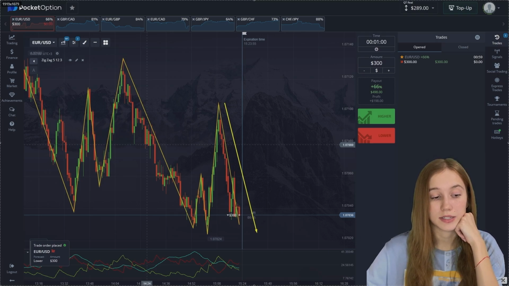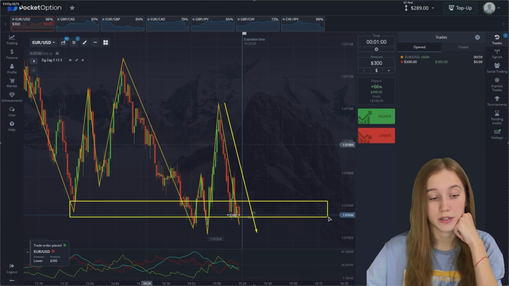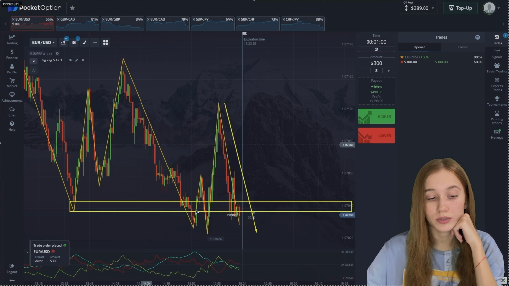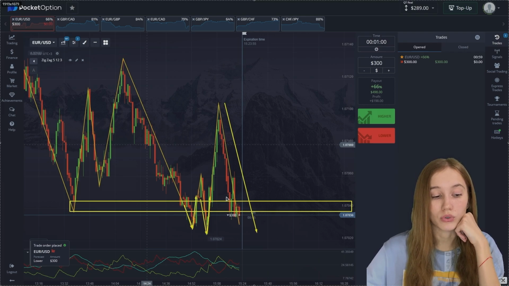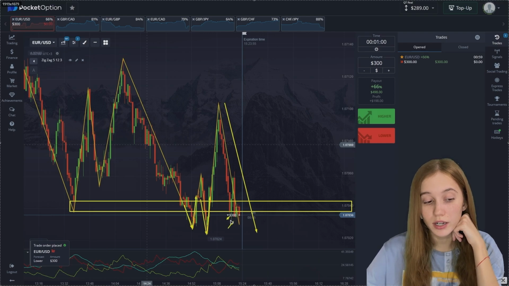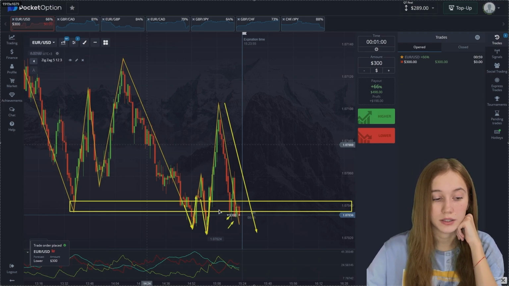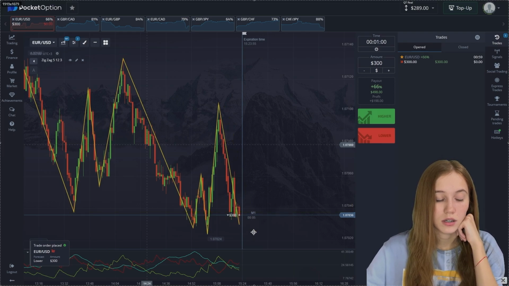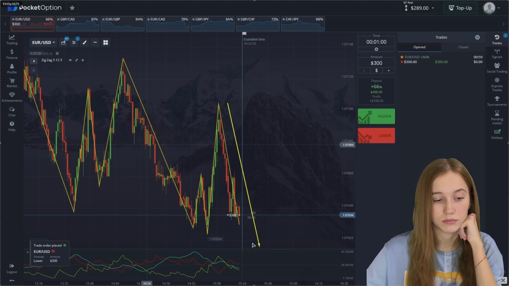So what happens next will be a downward trend. Next we see the support area, where we came and rolled back many times. I think we will break through the support area. By the zigzag indicator, we see that we have a downward trend and the chart is going down.